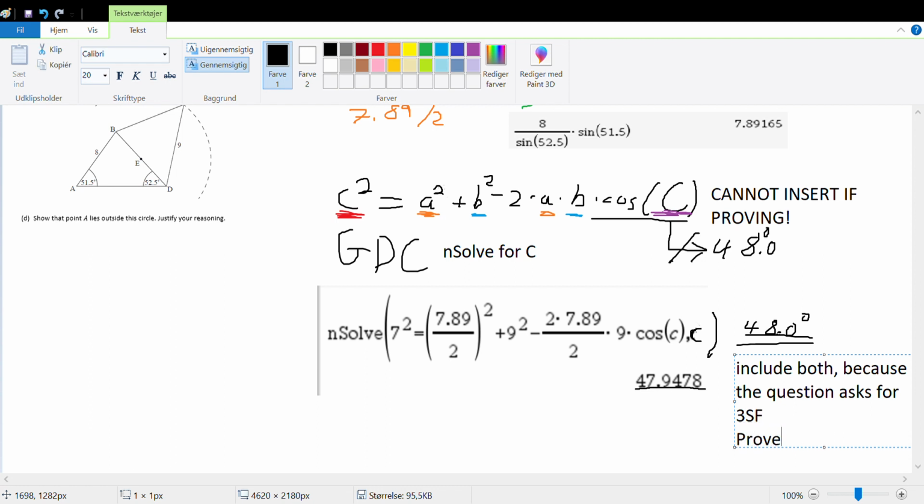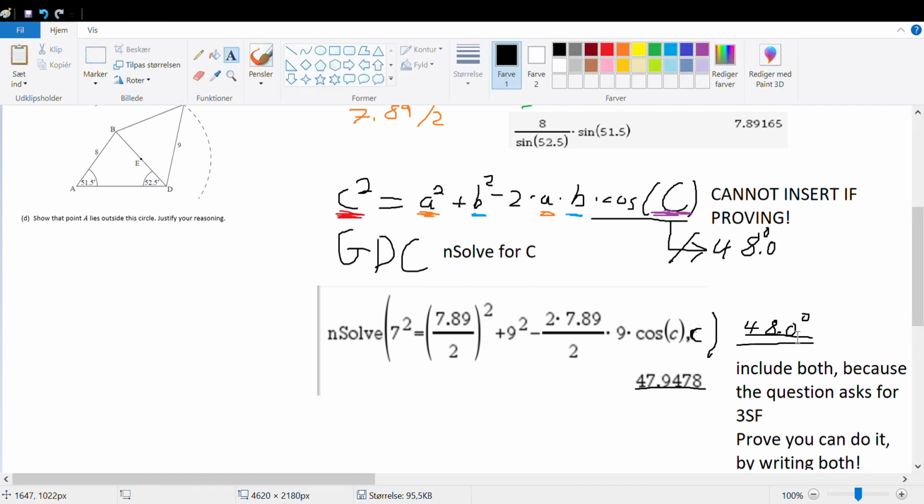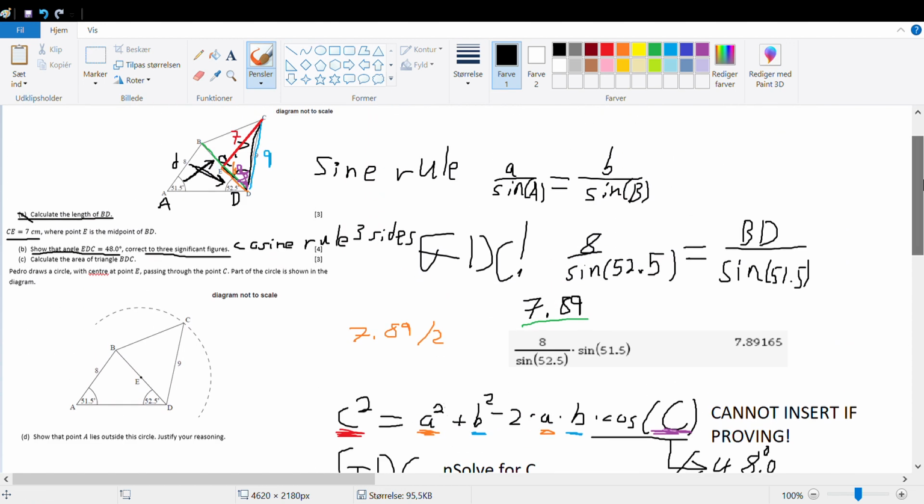Prove you can do it by writing both, but leaving this one with the double underline under it to show that yes, it's correct, it's equal to 48.0, correct to 3 significant figures. That is the procedure for solving that question, is to use the cosine rule.